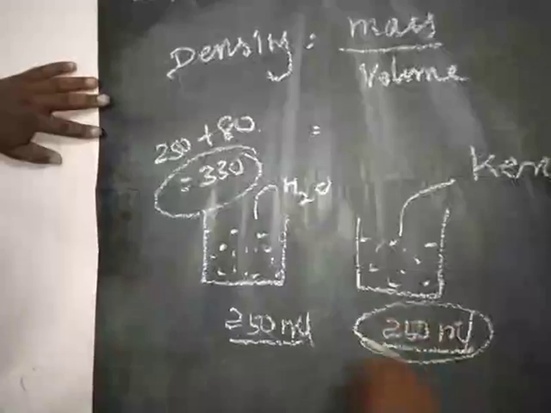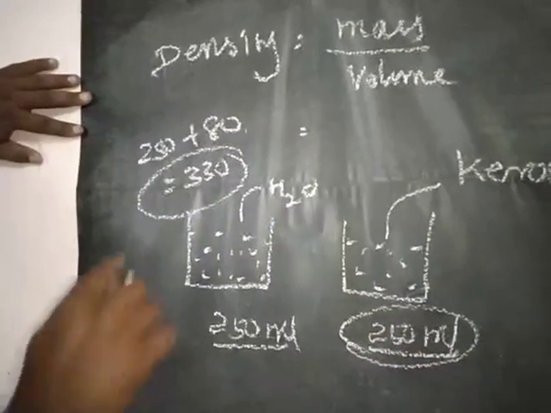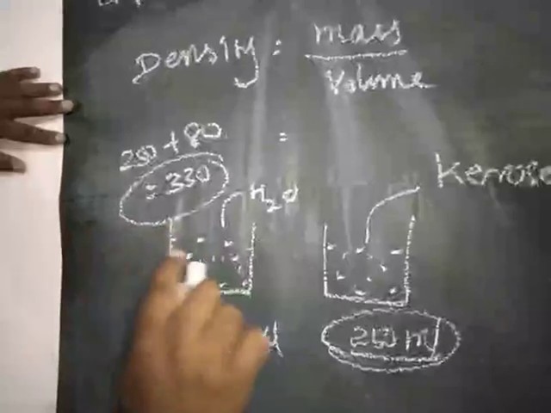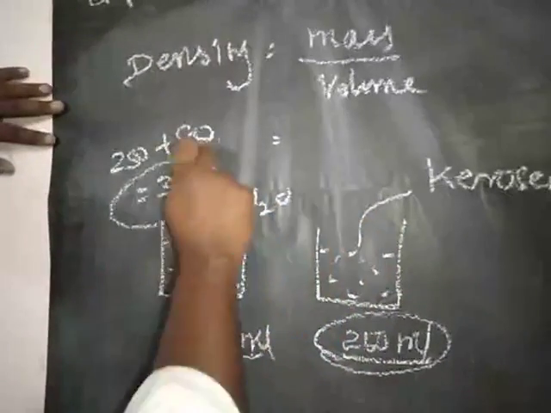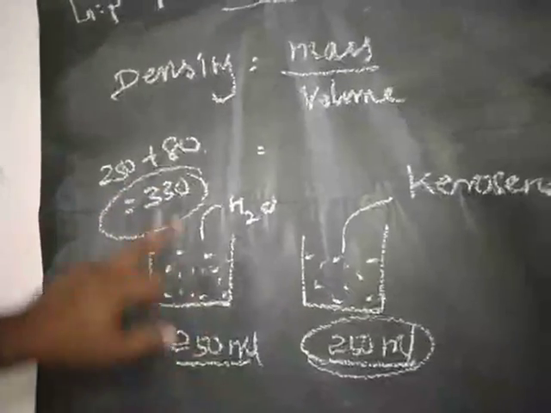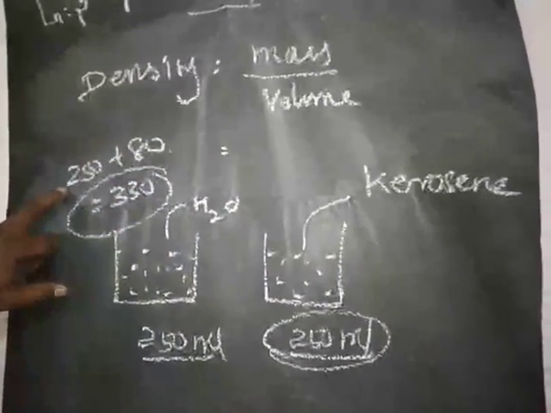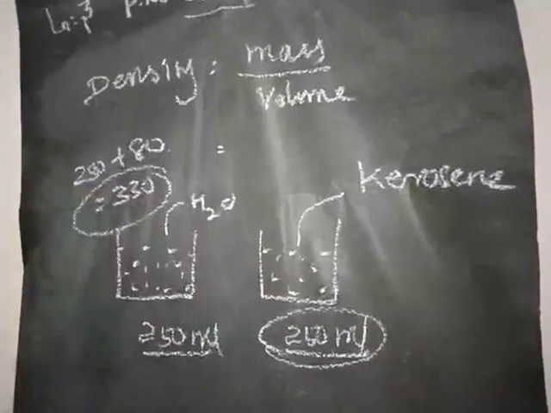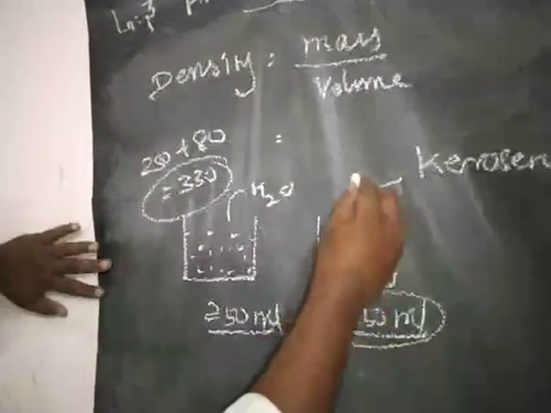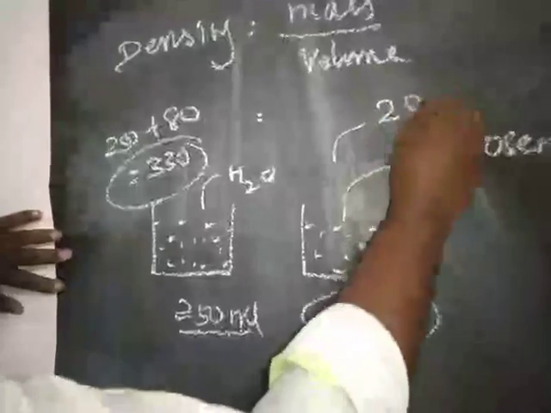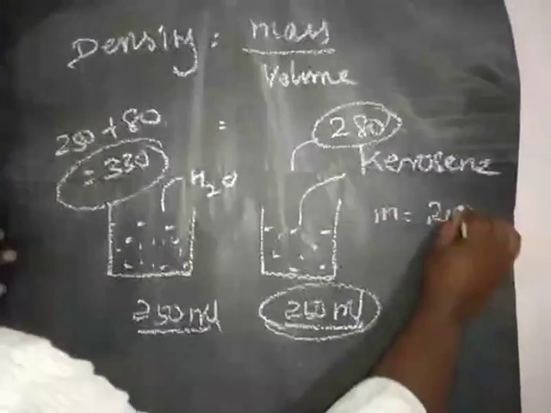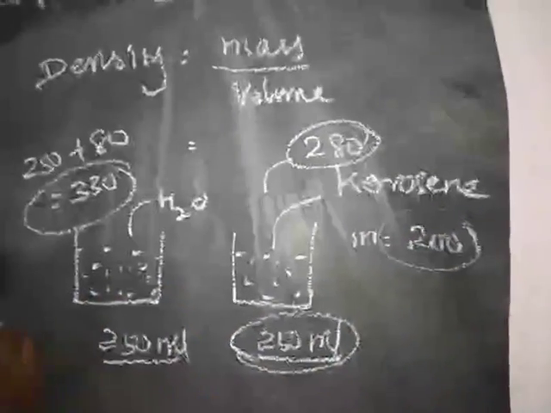Here also the empty weight is 80. So the mass of the liquid 250 is equal to 350. Here 280. So mass is equal to what? 200.